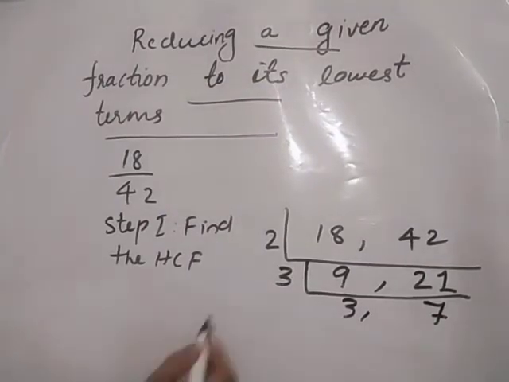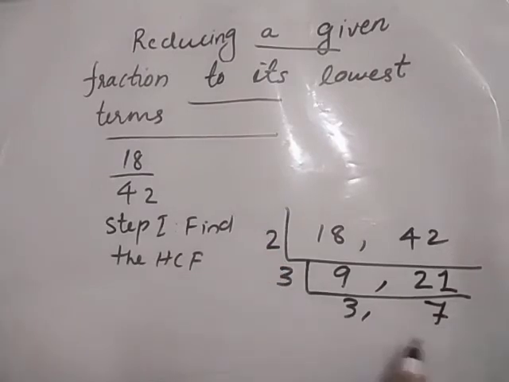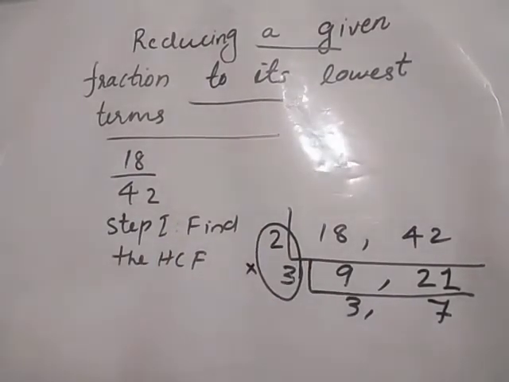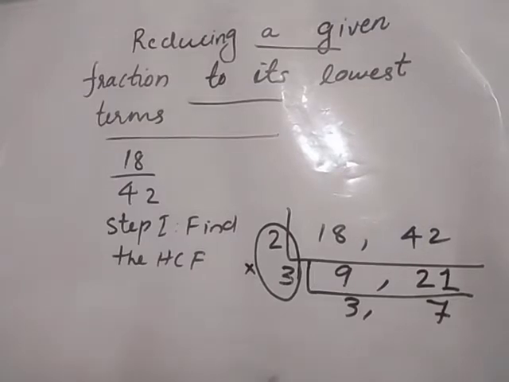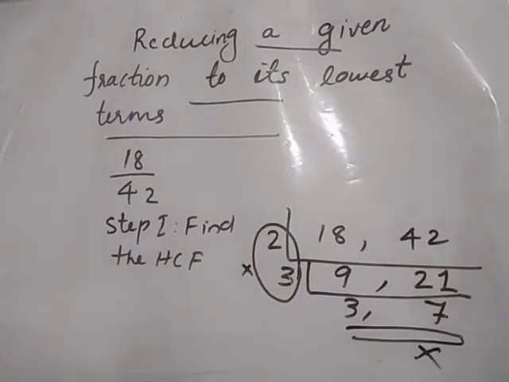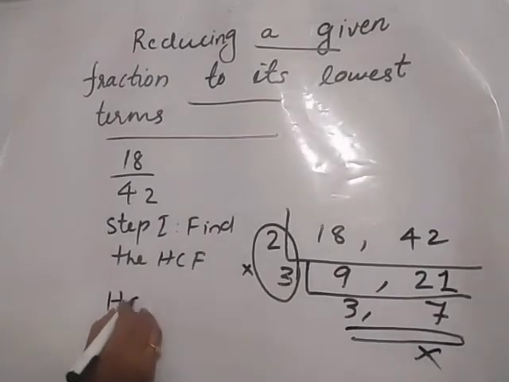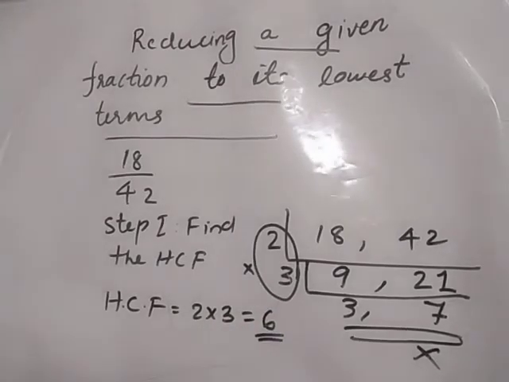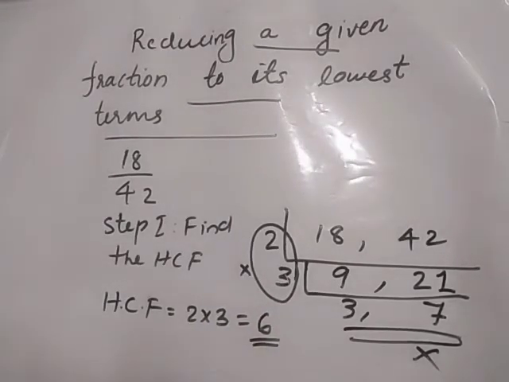When we do the LCM, we multiply all these prime numbers, dividing by 3 and then by 7, and multiply all the prime factors. But in this case, we need to take the common prime numbers only. Multiply these common prime numbers to obtain the HCF. We don't take these two values. Understood? So HCF is 2 into 3, that is 6. The HCF of 18 and 42 is 6.